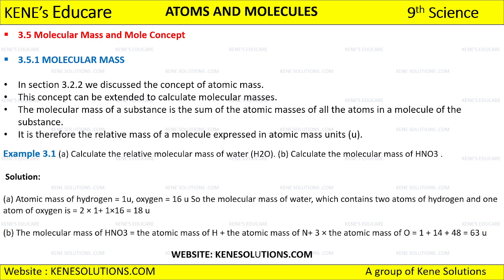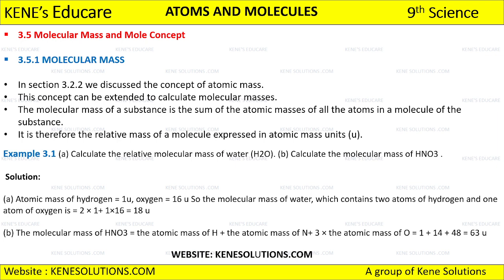After that, the second example we have is to calculate the molecular mass of HNO3. Okay, so for calculating the molecular mass of HNO3, what is needed? We need the atomic mass of H, the atomic mass of N, and the atomic mass of O, right?